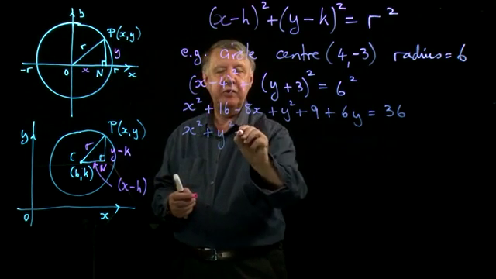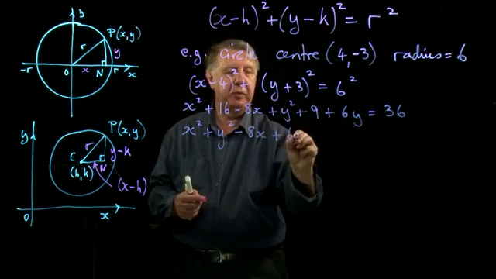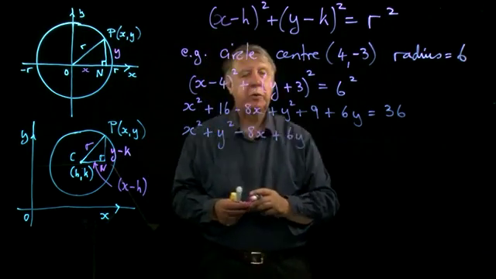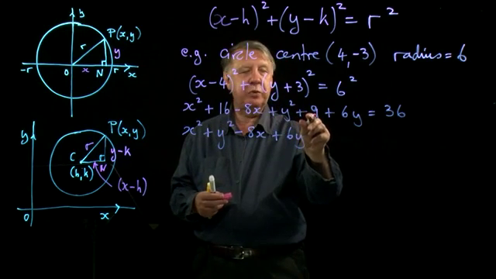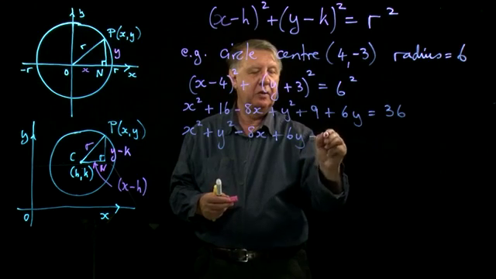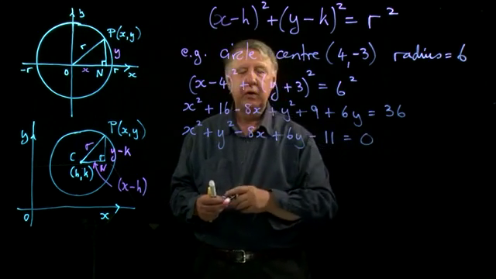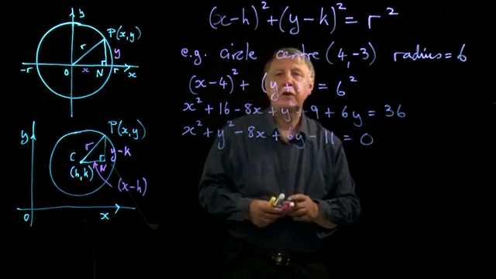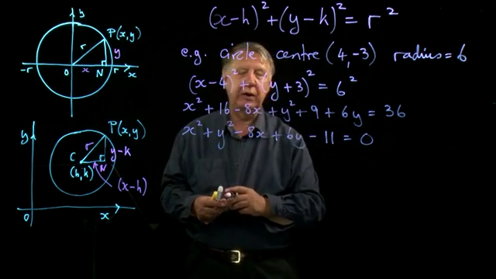Then we have usually the x term, then we have the y term, and finally we put all the numbers together. 16 and 9 is 25. Take away 36 is minus 11. And that's the equation written out in a simplified way.